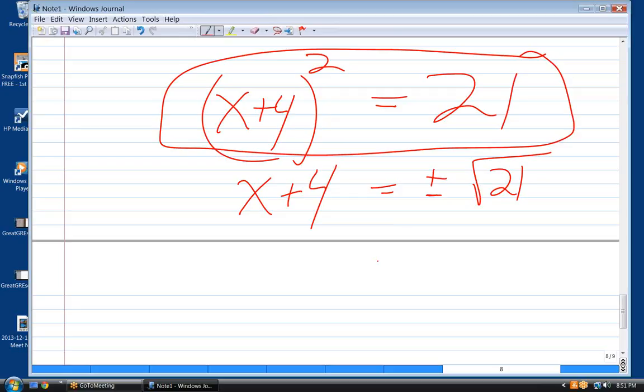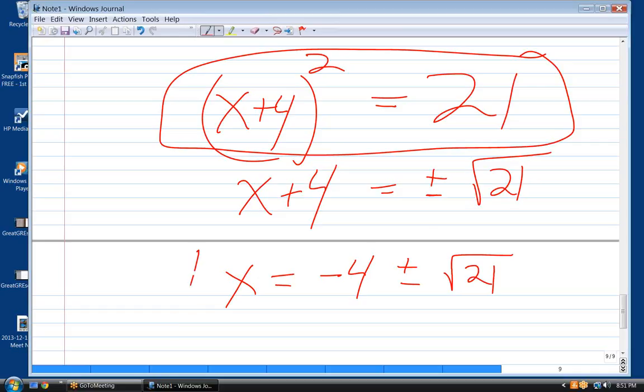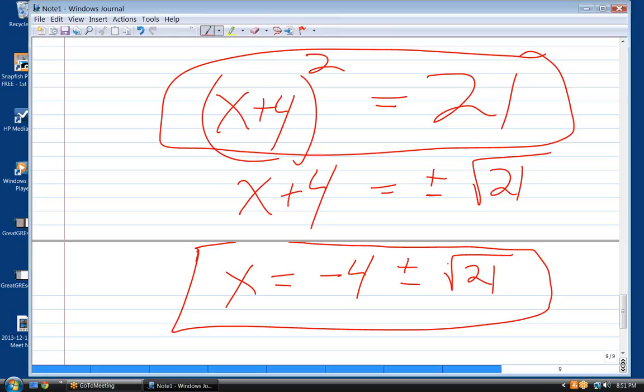Okay, what's the final step? Subtract 4. And I'm going to put it in front. Why? Because that is exactly the way the answer would look if you'd plugged it into the quadratic formula. Minus b plus or minus the square root of b squared, and so forth. But it always has the number here, has the plus or minus there, and has the irrational number there.